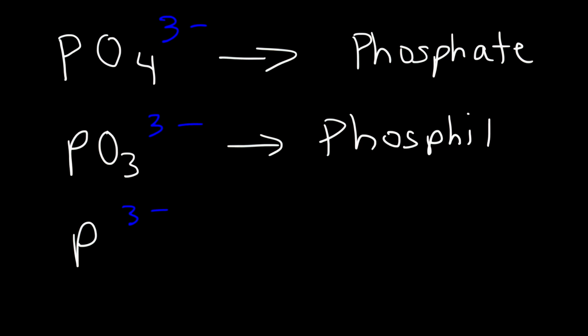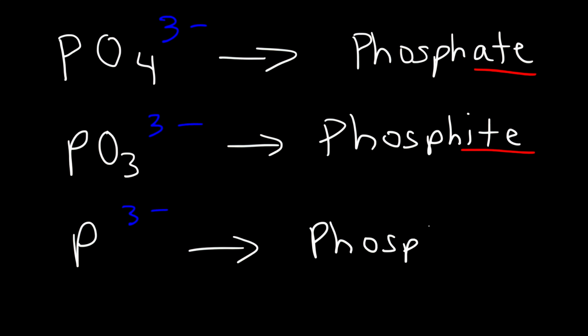As you can see, even in this case, ate still has one more oxygen than ite. P3 minus is a monoatomic ion. It doesn't have oxygen, so it's not going to have the ending ite or ate. It's going to have the ending ide. So this is going to be called phosphide. So hopefully you see this pattern at this point, because it's very useful to help you to know the name of an ion, be it a monatomic ion or a polyatomic ion.